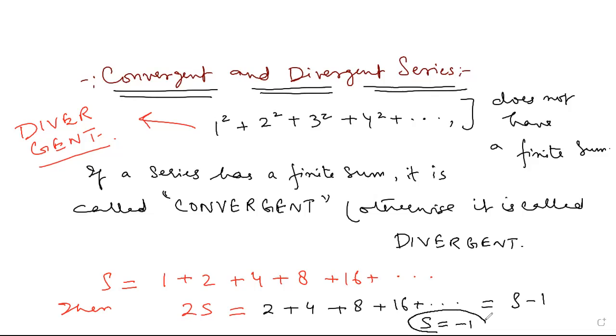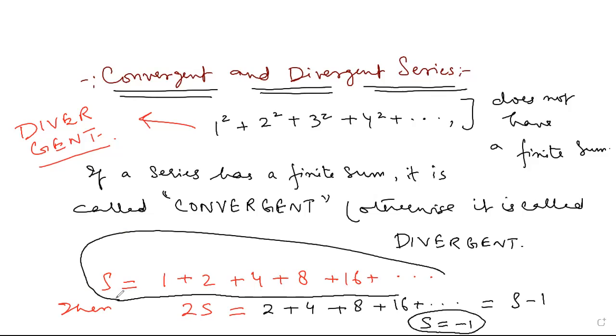Now see the absurdity. S is equal to this infinite sum and S is minus 1. How can this be? This is nonsense, right?